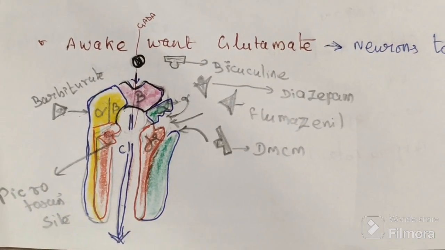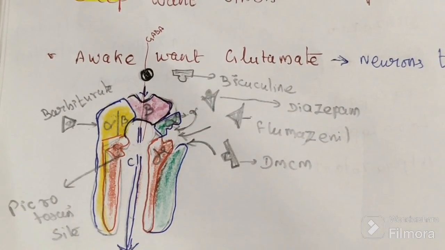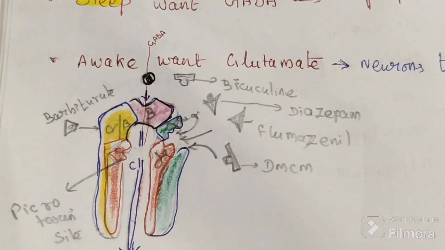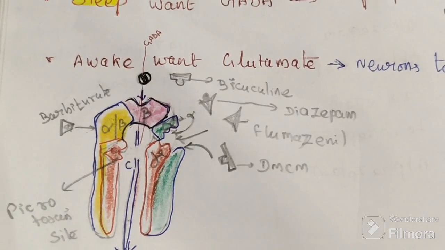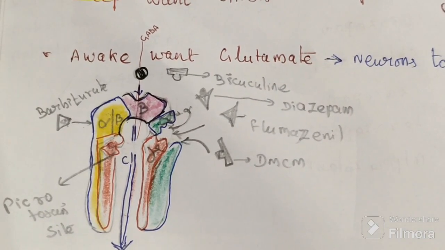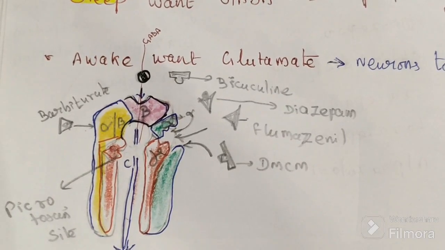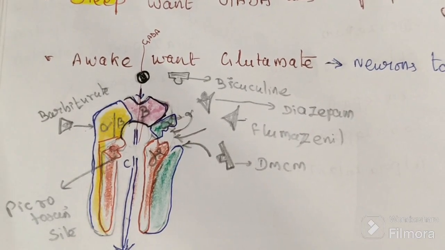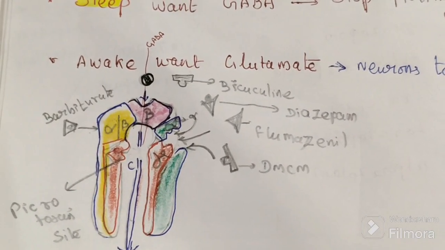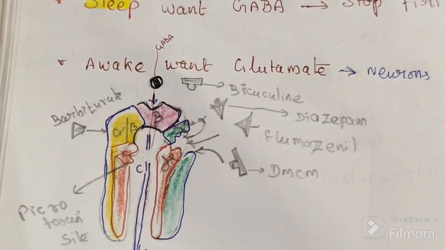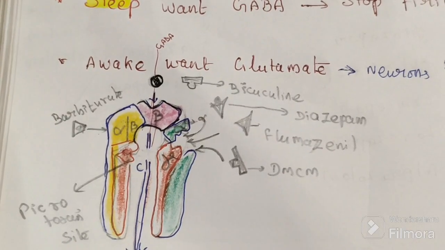Then there is inhibition and the neuron stops firing, so we can sleep quietly. So whenever we are trying to sleep, GABA will come and bind with the GABA receptor on the neuron.